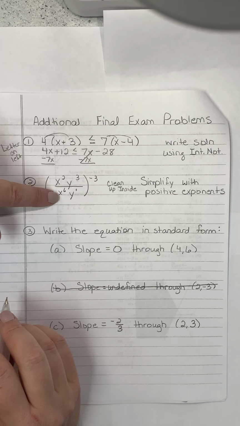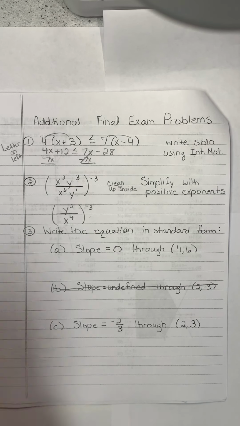And it's going to live in the bottom because that's where the bigger number was. Okay, there we go. Same thing with the y's. I'm going to subtract them because there's 1 over the other. So 3 minus 1 is 2, but it's going to live in the top because that's where the bigger number was. Okay, so I cleaned up inside.